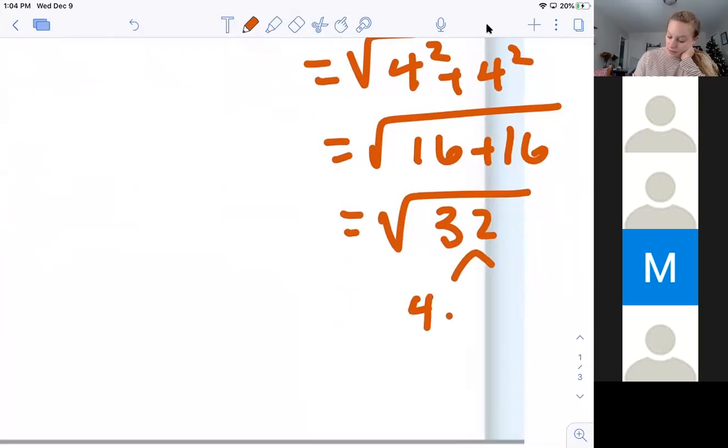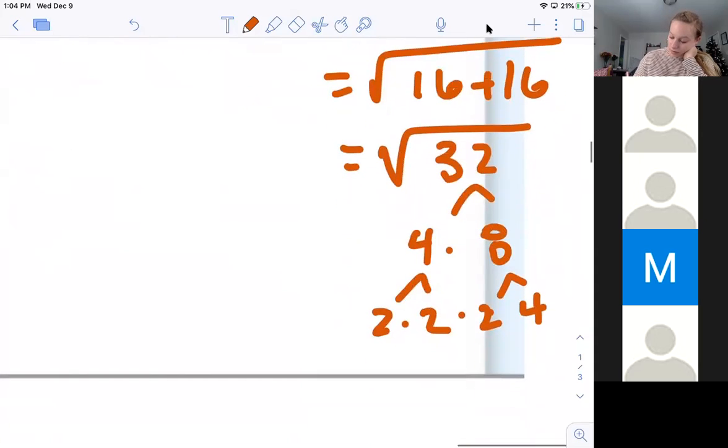Now we do a factor tree, 4 and 8. 4 becomes 2 and 2, and 8 becomes 2 and 4. 4 becomes 2 and 2.